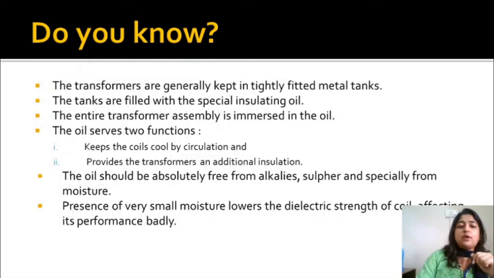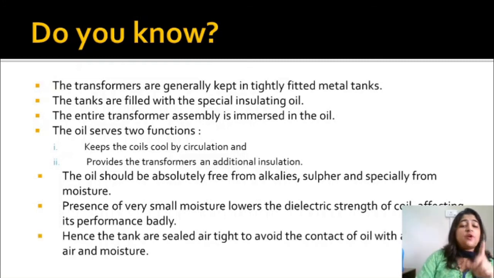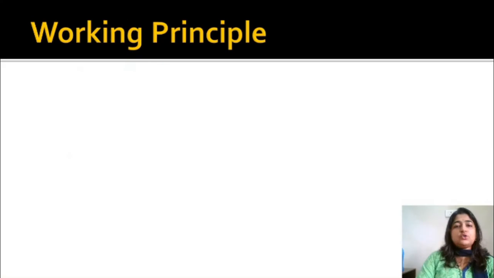It is very important, because even a very small moisture, if it is present inside the tank, it will lower down the dielectric strength of the coil, and it will affect the transformer's performance very badly. And that is why the tanks are always sealed airtight to avoid any contact with atmospheric air or moisture. I hope this is clear to all of you.